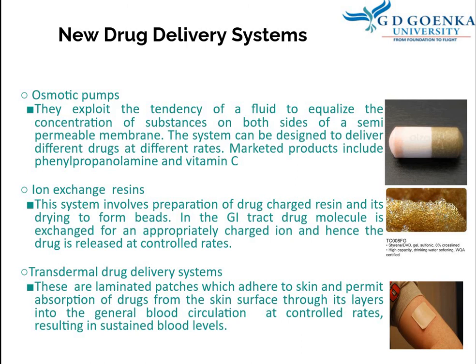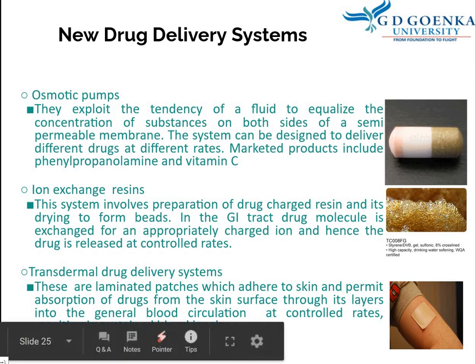Here, in transdermal, this dosage form is designed to ensure permeation through the skin layers to the blood or systemic circulation at controlled rates, resulting in sustained blood effect. And that is why it is known as a new drug delivery system for dose administration.